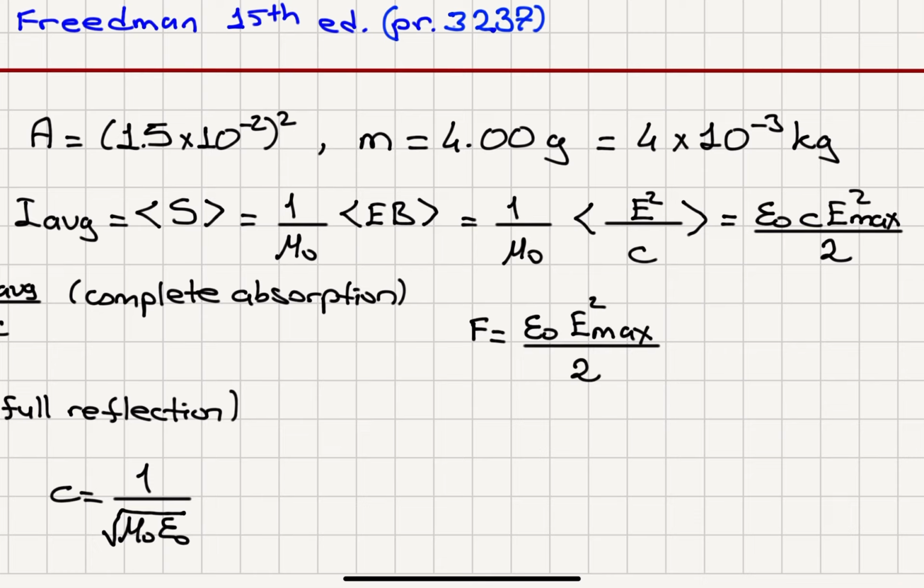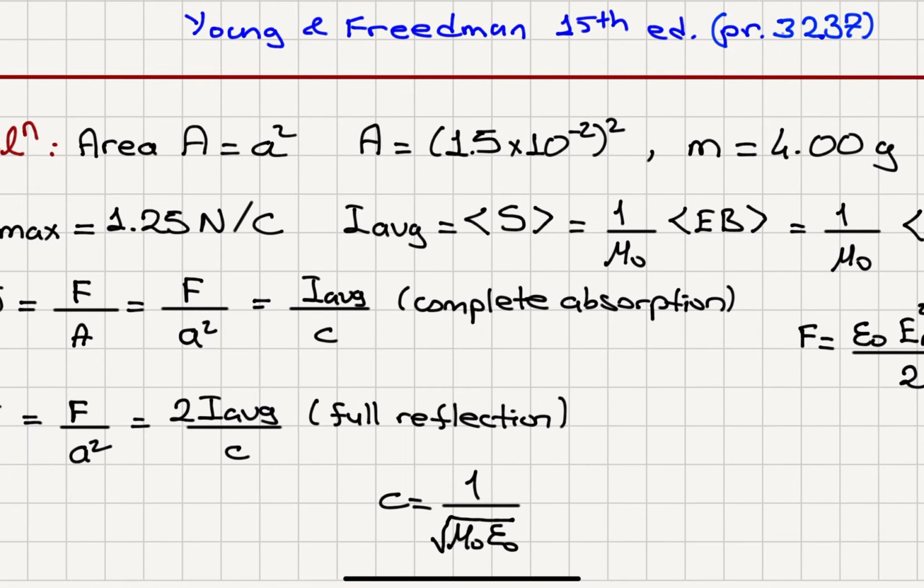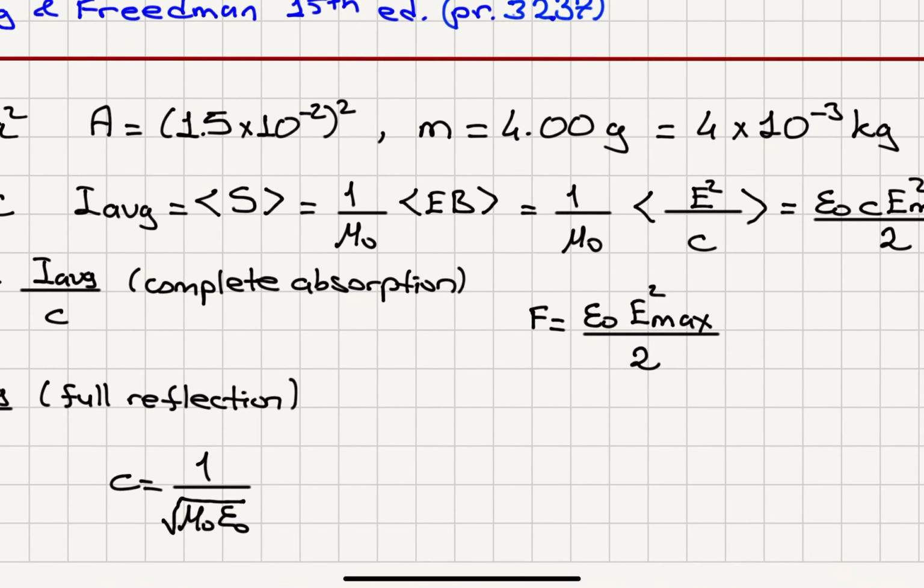That's the average intensity divided by c, and it's divided by area, so force is equal to I average over c multiplied by A squared. So I will have a factor of A squared here.